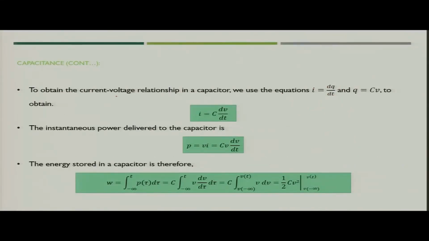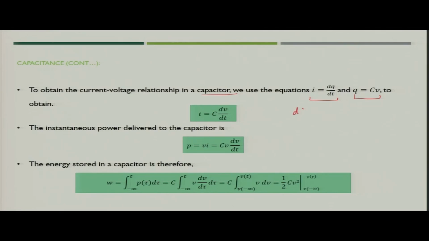Now, to obtain the current-voltage relationship in a capacitor, we can use the equation I is equal to dq by dt, which we calculated in our first lecture, and q is equal to Cv, which we just saw. If you use these two equations, you can find the value of current I. You simply take the derivative of both sides of the equation with respect to time.